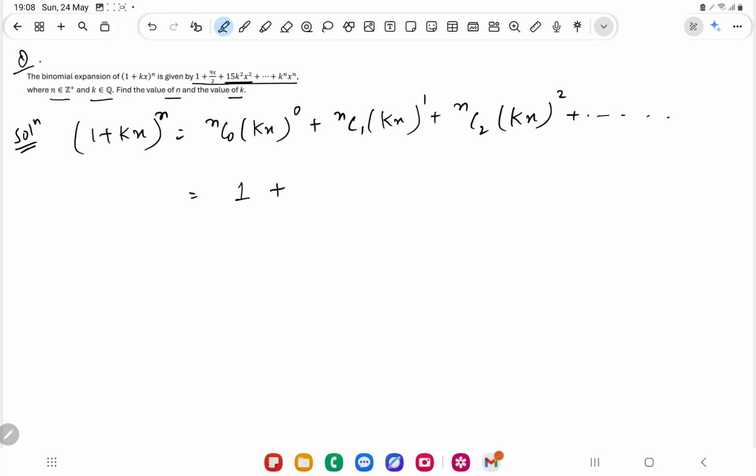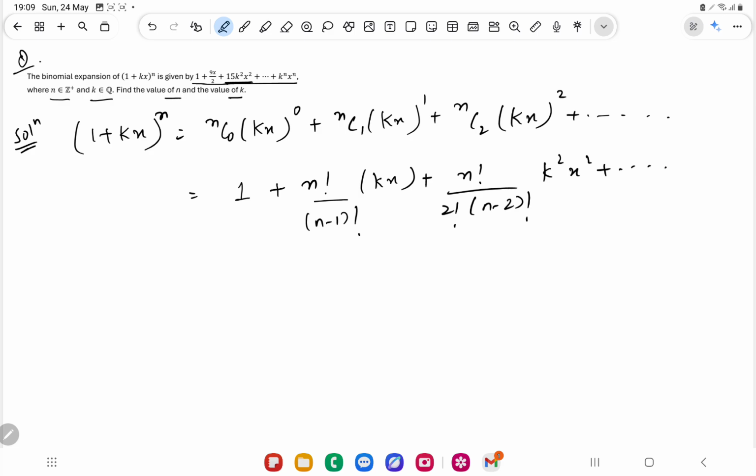So this will become 1. My nC1 is n multiplied by, so I can write it as n factorial upon n minus 1 factorial multiplied by kx, plus n factorial upon 2 factorial multiplied by n minus 2 factorial, k square x square.